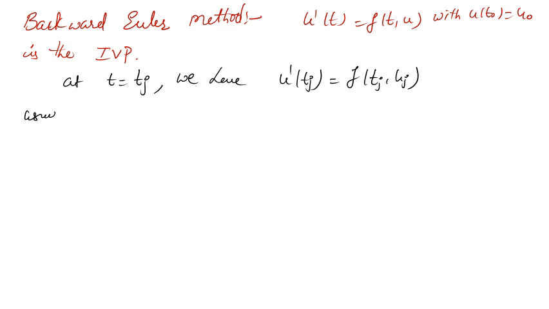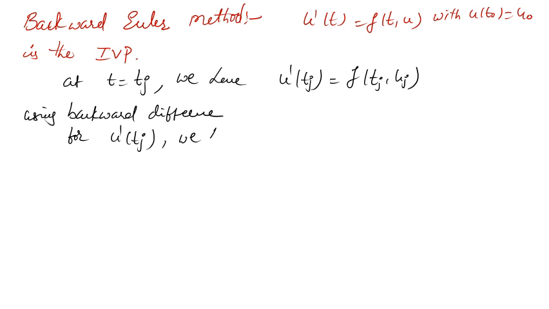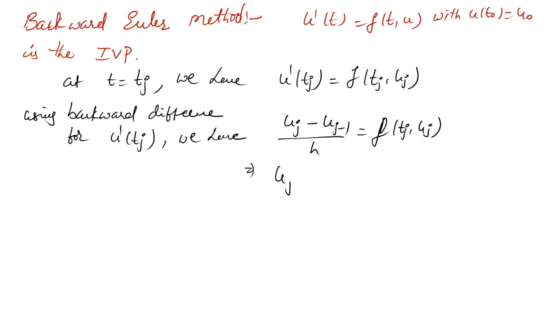Now using the backward difference for u dash tj, we have uj minus uj minus 1 by h equal to f of tj, uj. So finally uj is equal to uj minus 1 plus h into f of tj, uj.